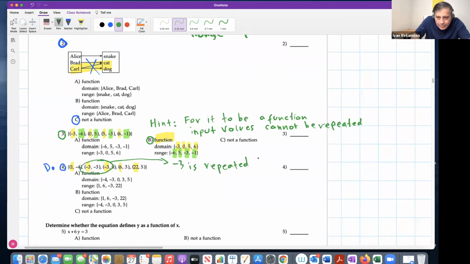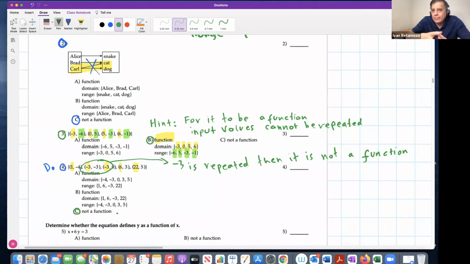So therefore it is not a function. It's a relation, but it's not a function, because a relation could be any pairing, but for a function, you cannot allow yourself to repeat your input values. So therefore, not a function.